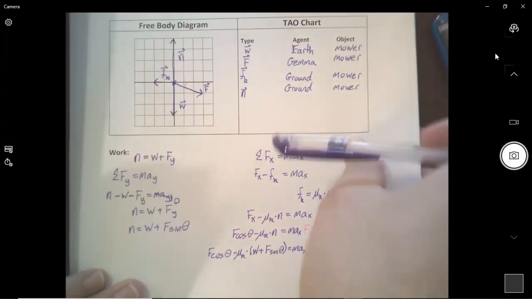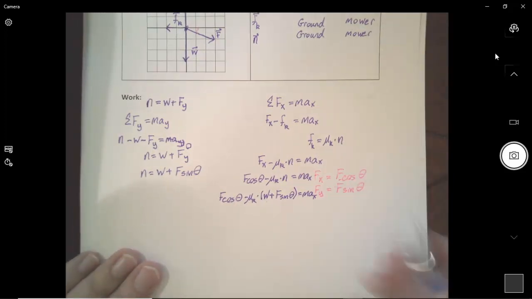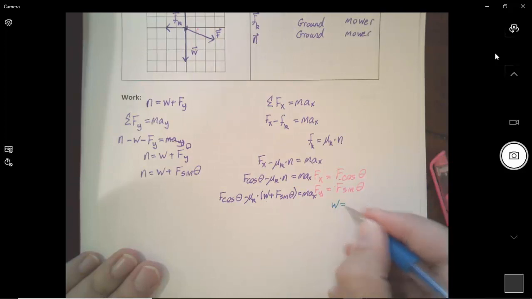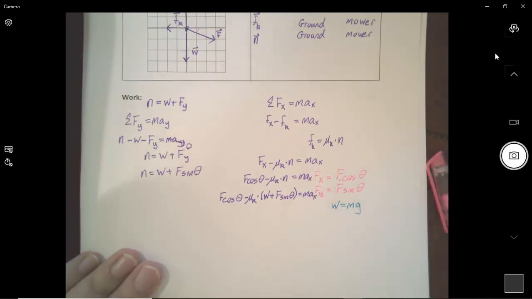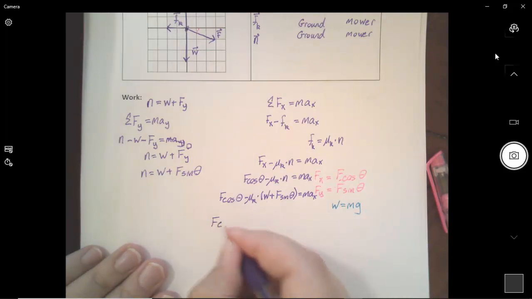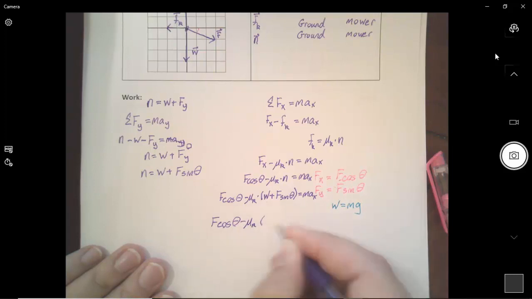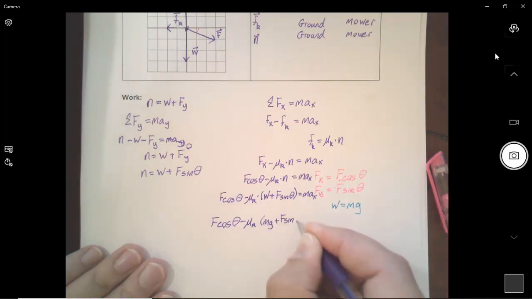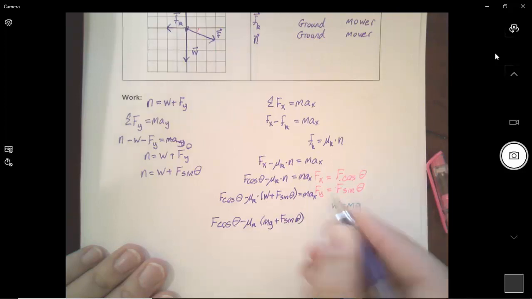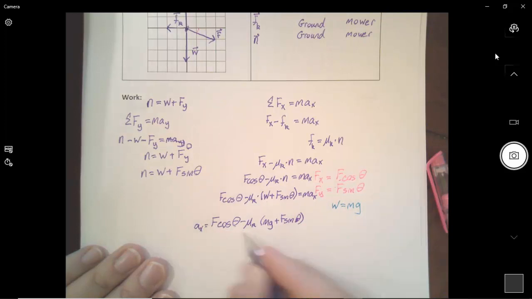Now if you remember from our equation sheet, we have an equation for W, right? And that equation is W is equal to m times g. So we'll plug that in for W. We see that F cosine theta minus mu k times mg plus F sine theta is equal to m ax.